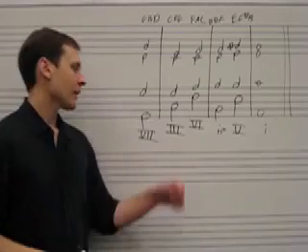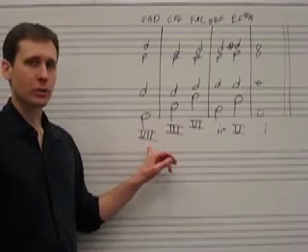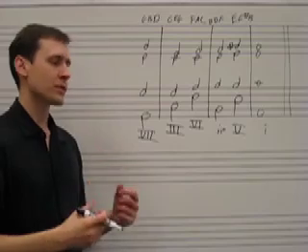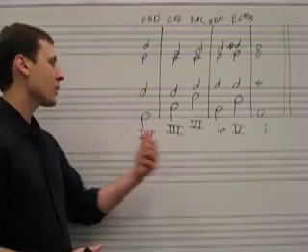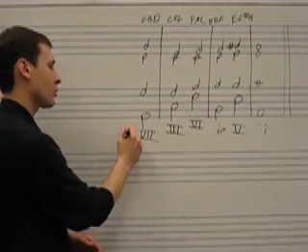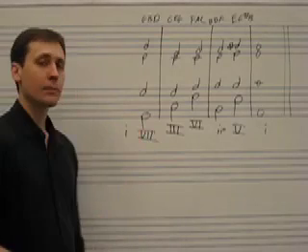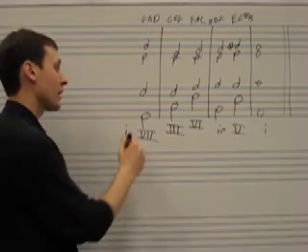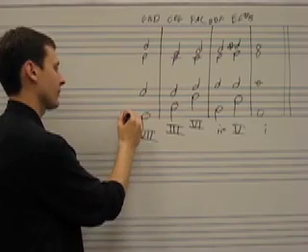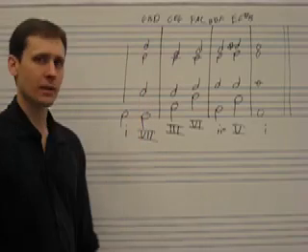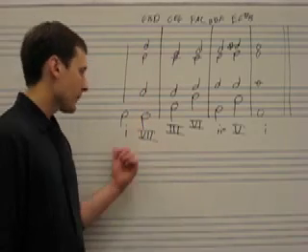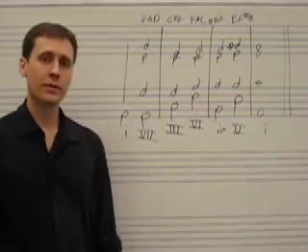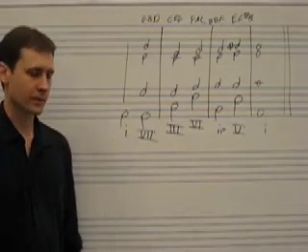Yet again, it's a little bit odd to start on the 7 chord, so we want to start it off with something a little bit stronger. So let's go ahead and put another 1 chord, and since we're in minor, then it's going to be a minor 1 chord. All right, and you can write a chord on top of that. So this is the complete circle of fifths chord progression for minor keys.